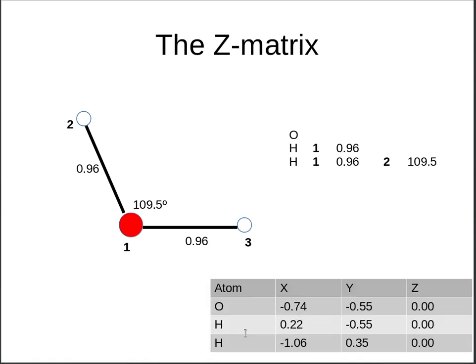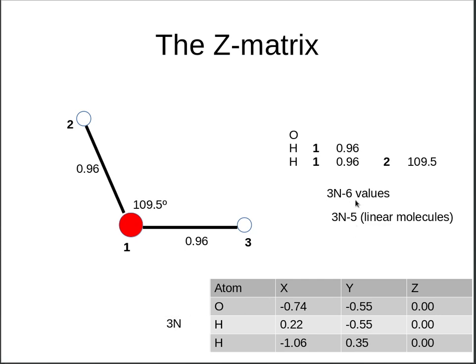If you were trying to optimize a water molecule represented by Cartesian coordinates, you would be changing 9 numbers to try and get that water molecule into the best possible arrangement. So the advantage of a Z-matrix is that if you're working with Cartesian coordinates, you need 3 coordinates per atom. You need 3n numbers. With a Z-matrix, you work with many fewer.